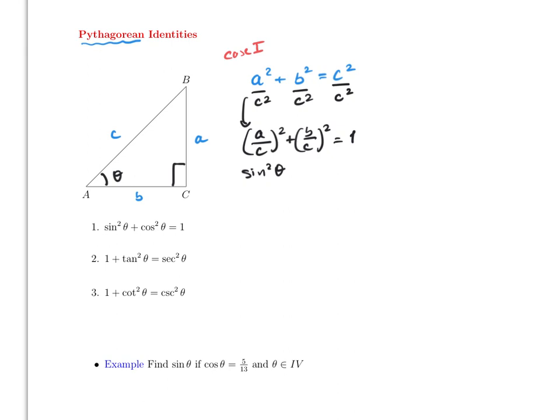And B over C is the definition of cosine. So therefore, this is cosine squared, and this equals 1. This is how you get the first equation. In a similar way, you will get the rest. You don't need to know how to derive it. You just need to memorize them. So you need to memorize this, and that.